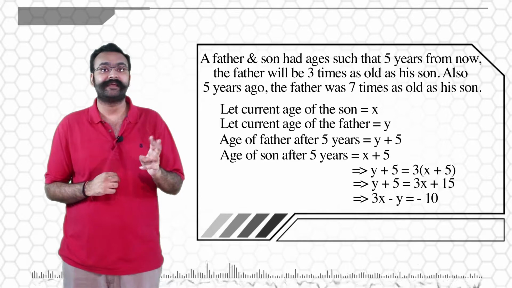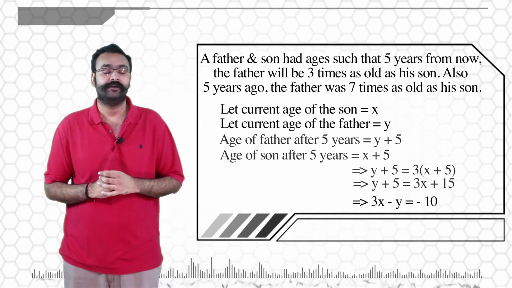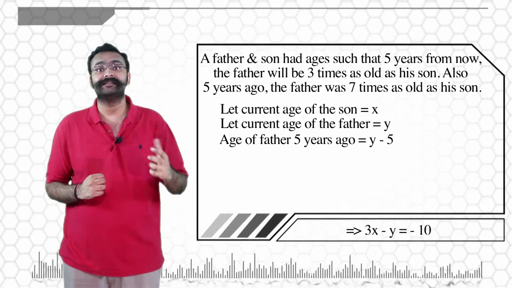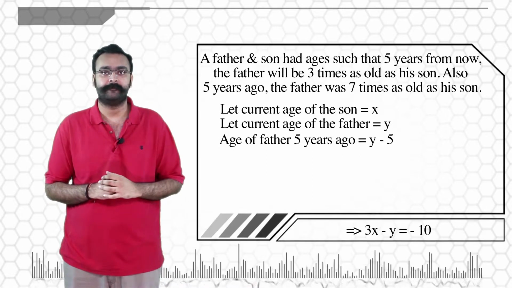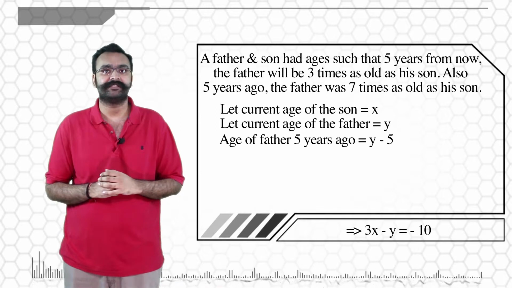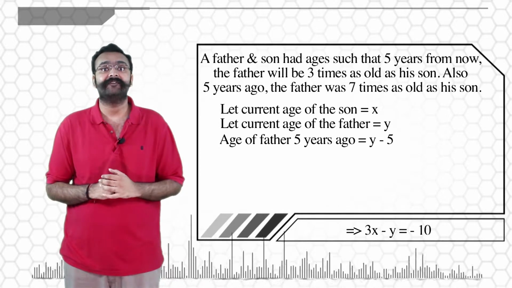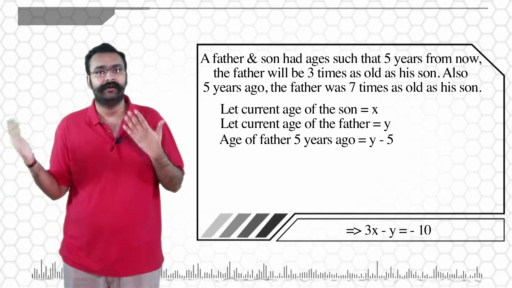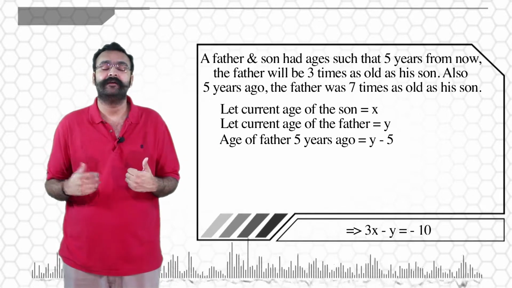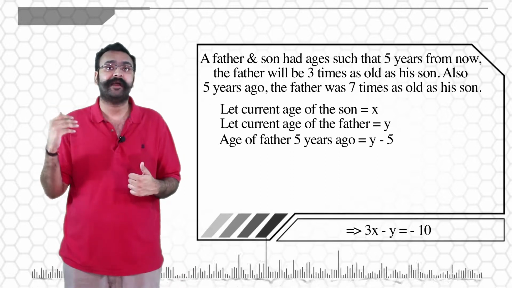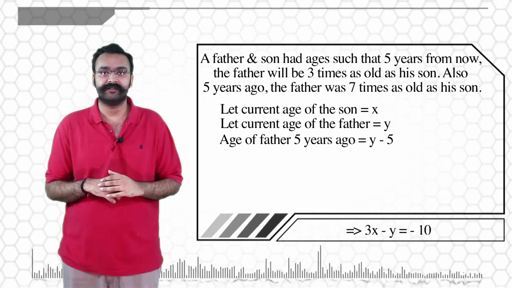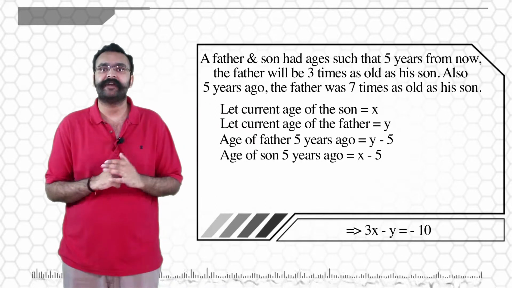Similarly, we deal with the second information that they've given us, which is 5 years ago, the father was 7 times as old as his son. So like we just did, the father 5 years ago will now be Y minus 5 years old. Again, if I'm 25 today, 5 years ago I was 25 minus 5, 20 years old. So the father was Y minus 5 years and the son was X minus 5 years.